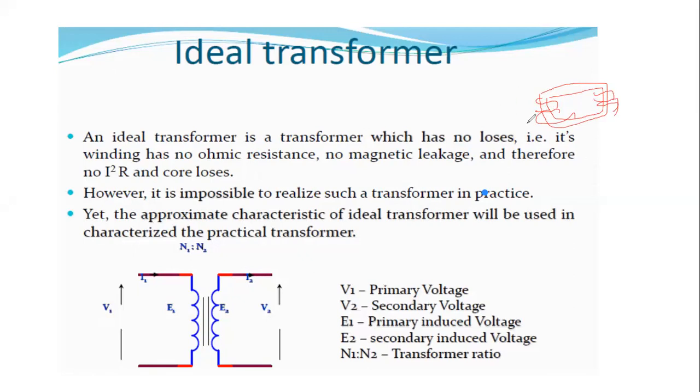When we give the AC supply to the primary winding, the current I1 flows in that primary winding. Due to that I1 current, the flux phi1 is produced, and according to Faraday's laws, the EMF E1 is induced.